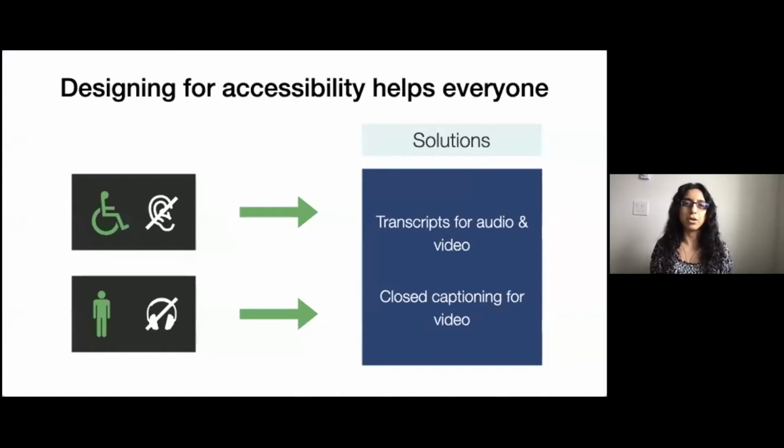So for example, people who are hard of hearing or deaf might look at a written transcript if they want to consume a podcast or a video, or they might watch a video but use the captions while they're watching. And a person who's trying to watch a video on a quiet bus is also going to benefit from those same solutions, right? They might skim the transcript of your video or of a podcast. They might watch a video with the sound turned off and instead turn on the captions.